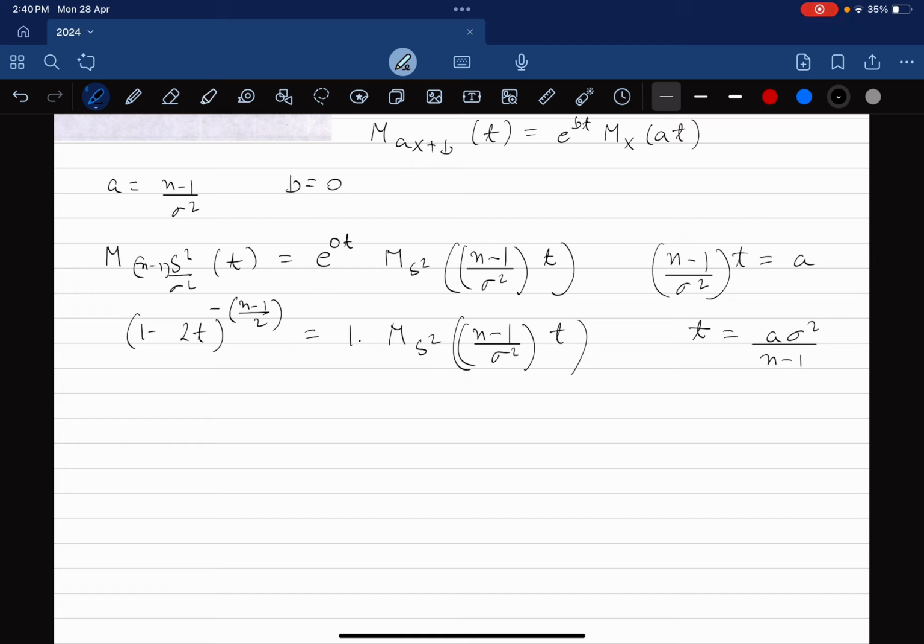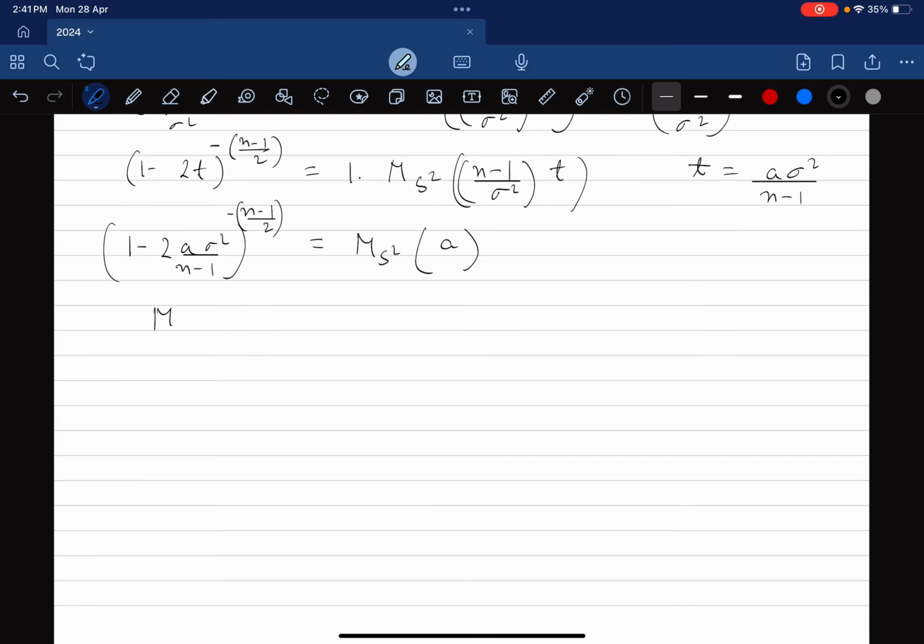So can I use this? Let's try. M of s square, I've already assumed all of this to be a, so that's good, and this t will be a sigma square over n minus 1. So 1 minus 2 a sigma square over n minus 1, whole to the power minus n minus 1 by 2. So it turns out I have evaluated M of s square of a.